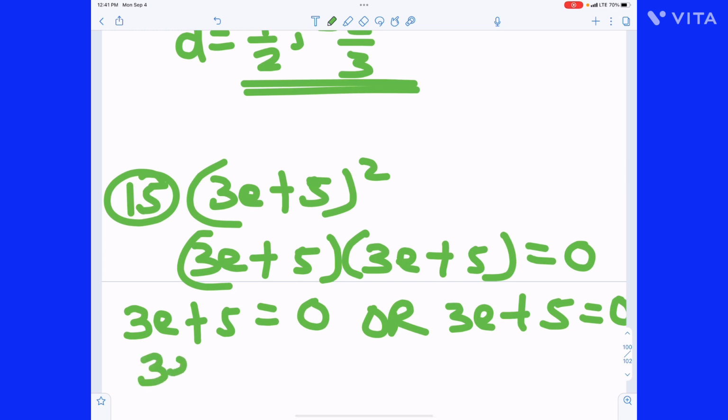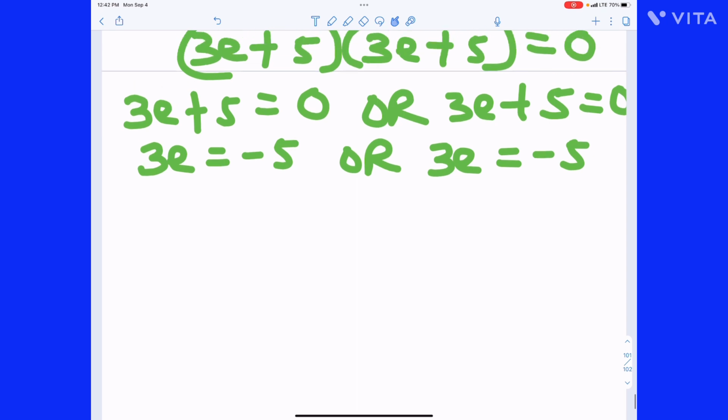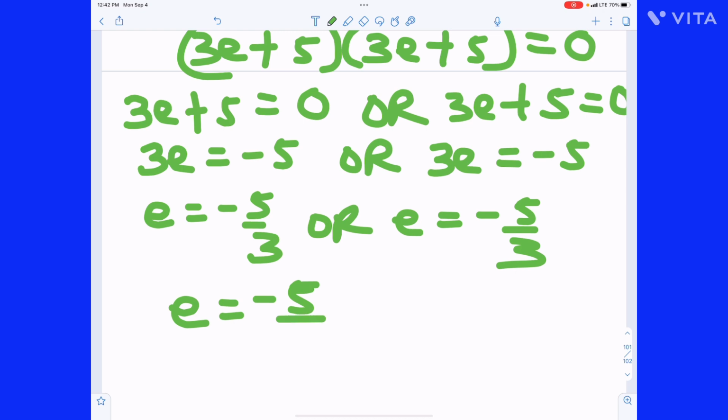So that's 3e is 0 minus 5, which is minus 5. So e is minus 5 over 3, or e is minus 5 over 3.